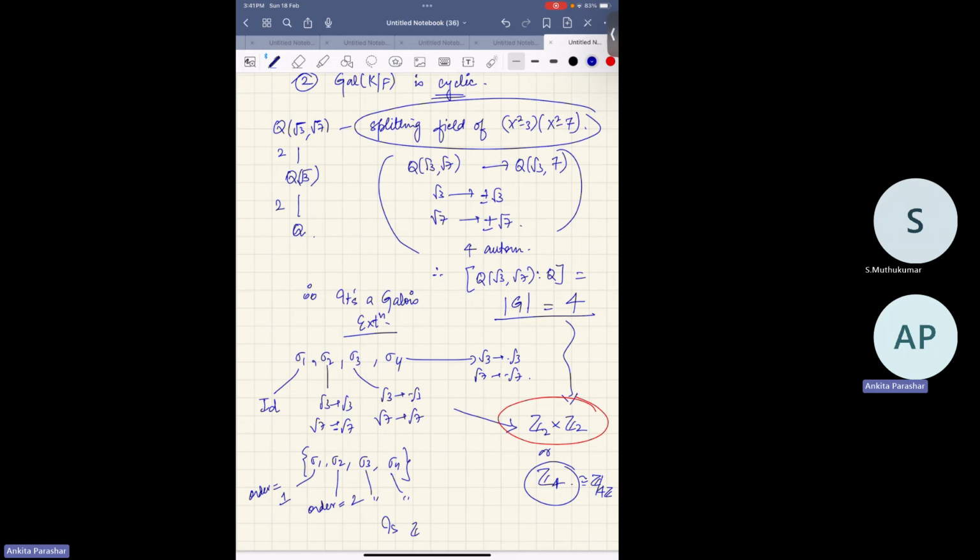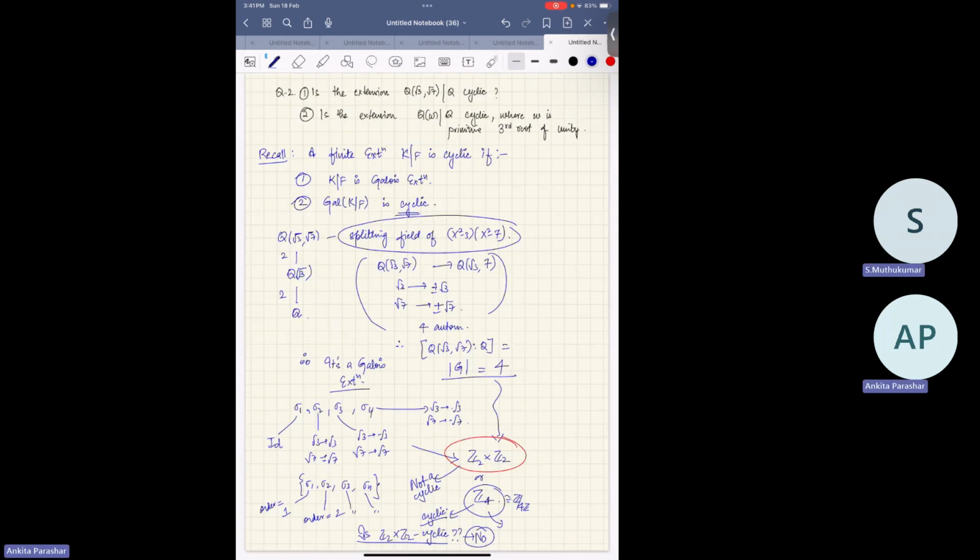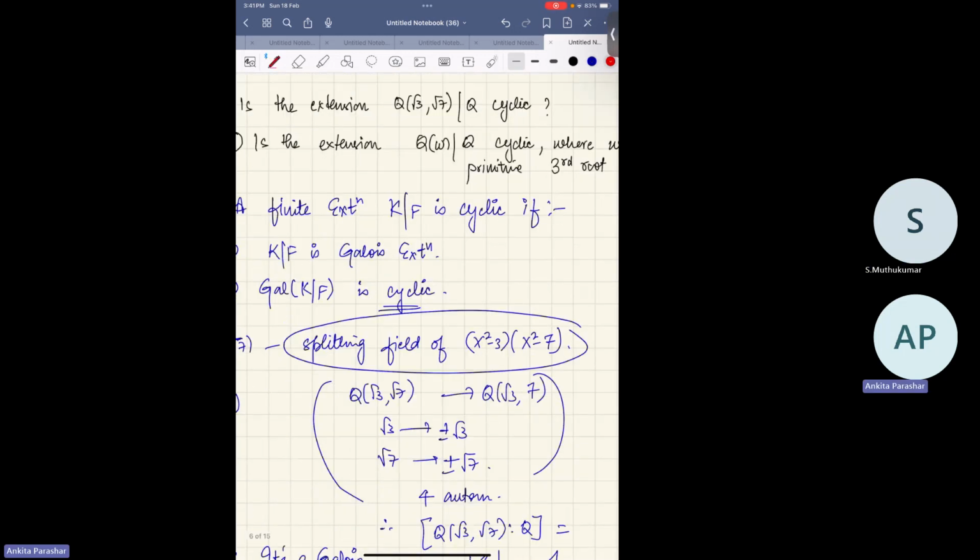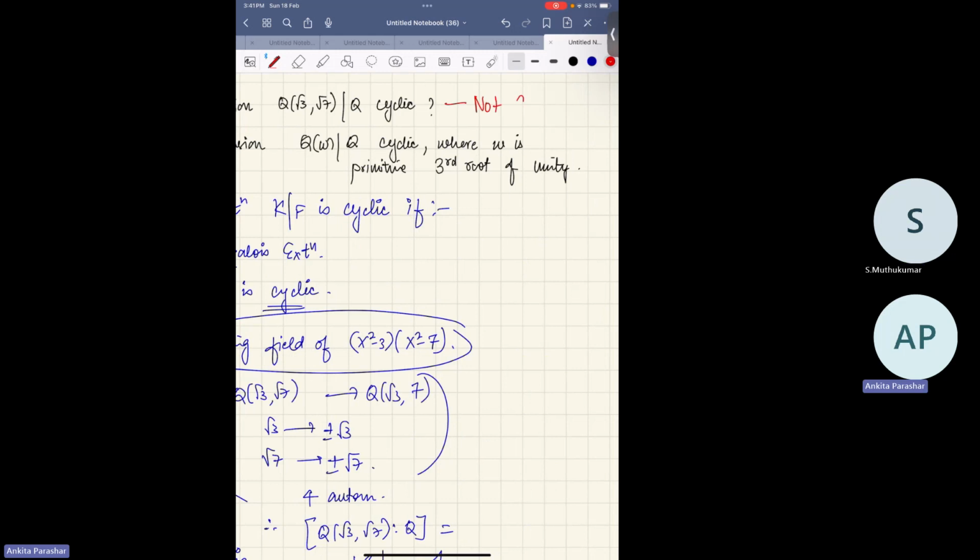Is Z2 cross Z2 cyclic? No, because this is not a cyclic group. This is just an abelian group. However, Z4 is a cyclic group. So in this case, I will write this is not a cyclic extension, not cyclic.